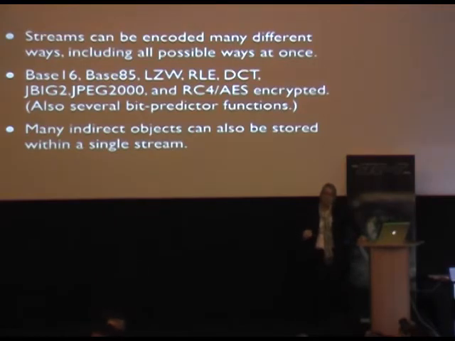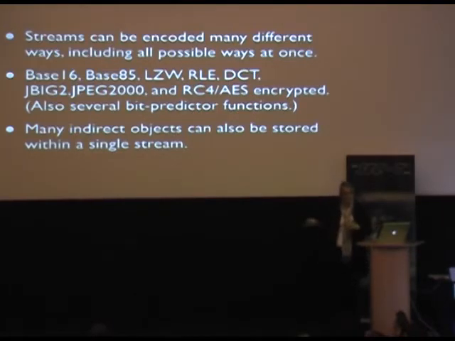Every stream can be encoded in one of a dozen different encoding schemes, and possibly all of them simultaneously. In the later versions of the spec, there's an object stream, where you take several objects and put them inside of another object, and then compress that and base 16 encode it.